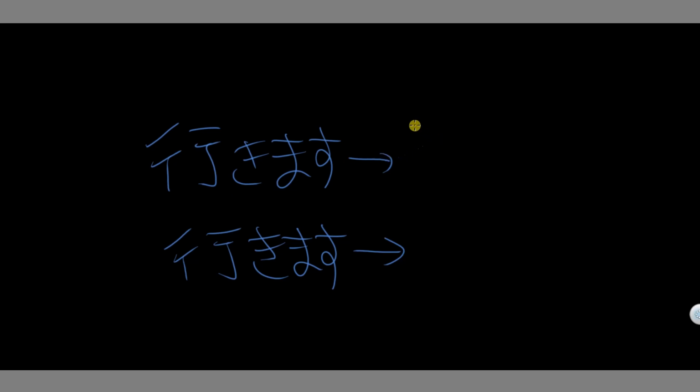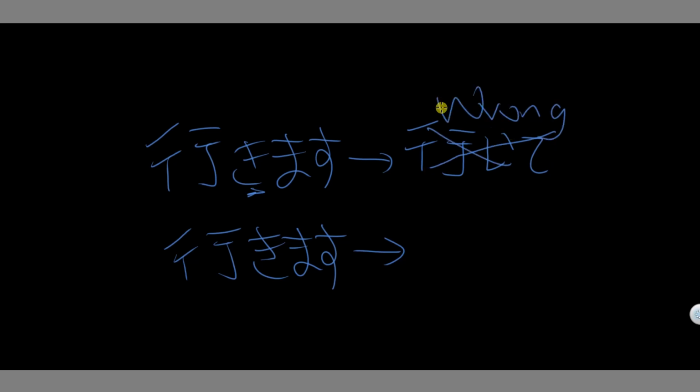If you didn't know that there was an exception, you would take off the kimasu and replace it with ite. But that's wrong. It's not ide. Don't do it. Remember, it's an exception. Ikimasu becomes itte with a small tsu. Itte. And that's right. So just remember it.